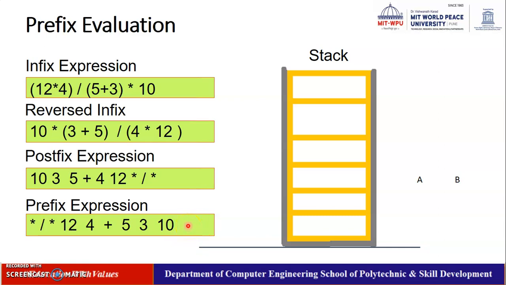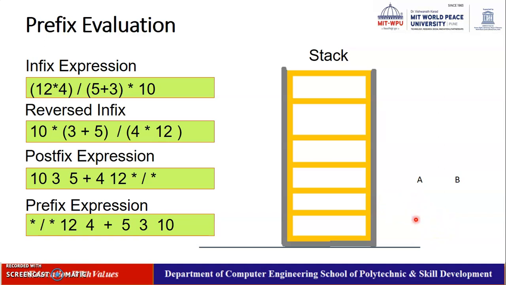As our algorithm says, we need to scan the characters from the right side. So 10 will be scanned first, then 3, then 5, then the plus sign, and so on. This is the first difference to remember. Now we'll see how this expression gets evaluated.